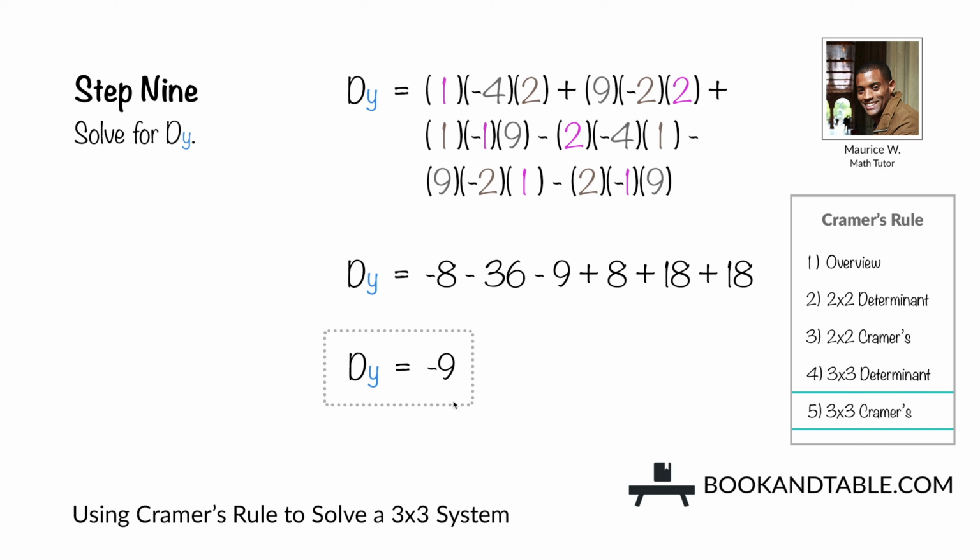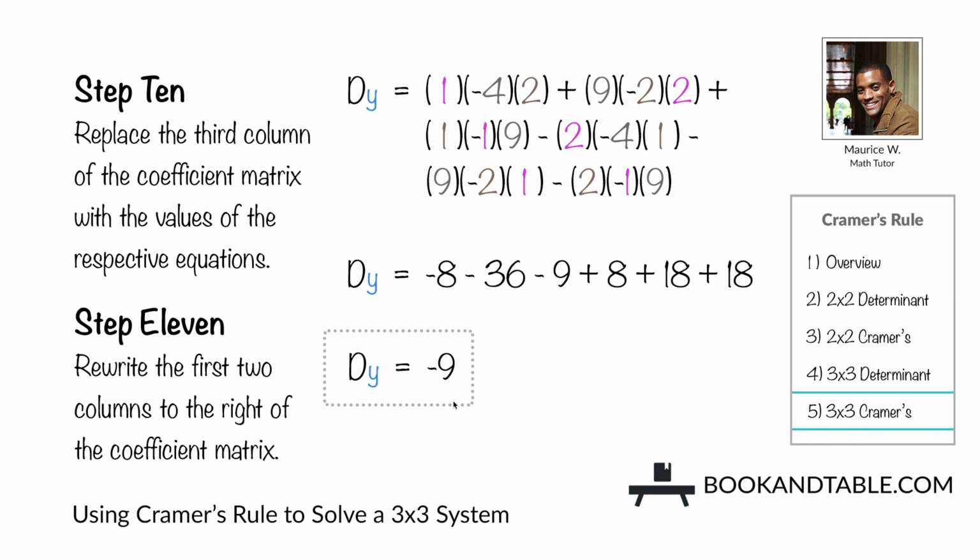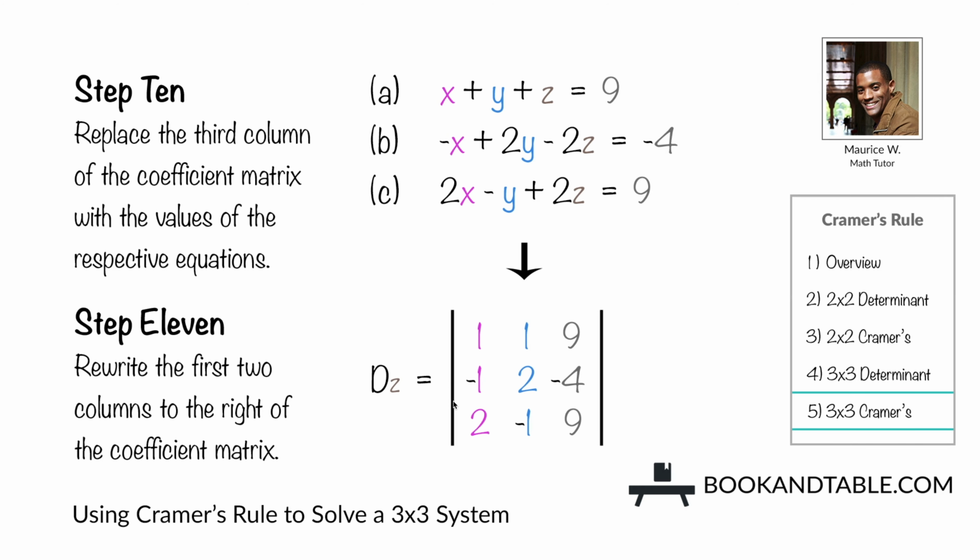And now that we've found dy, we want to go back to the original 3 equations so that we can create a coefficient matrix, but we want to replace the third column of the coefficient matrix with the values of the respective equations. So our third column, instead of it being 1, -2, and 2, it is instead 9, -4, and 9.